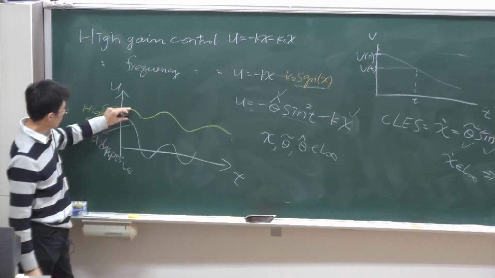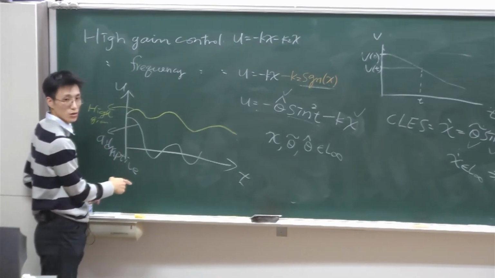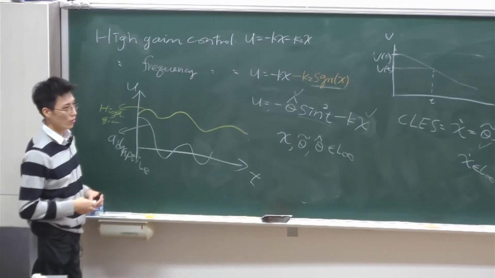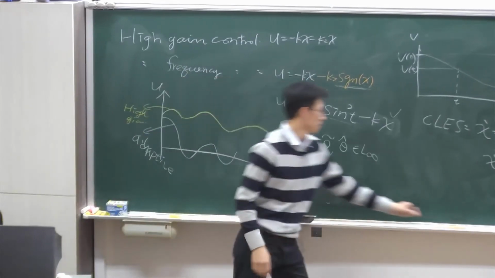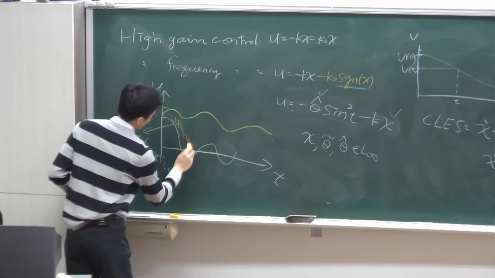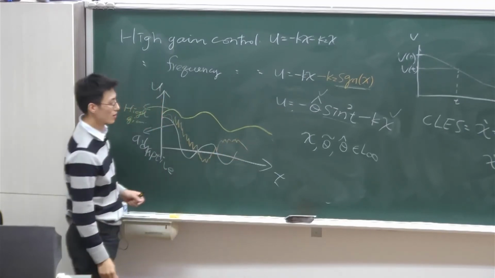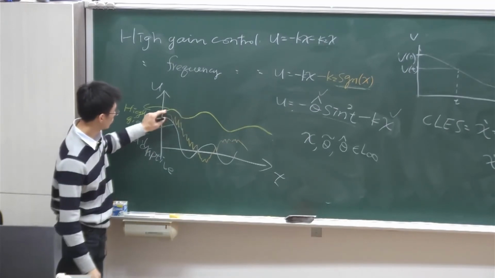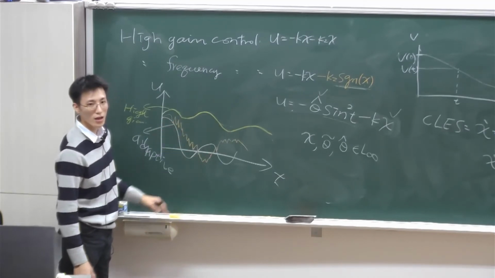It uses a lot of energy compared to adaptive control because it doesn't know the system. It just uses the most reliable way, which requires a lot of energy. And the high frequency will be something like this, you know. High frequency along the way. Maybe it doesn't require that much control input, but the frequency is always high.